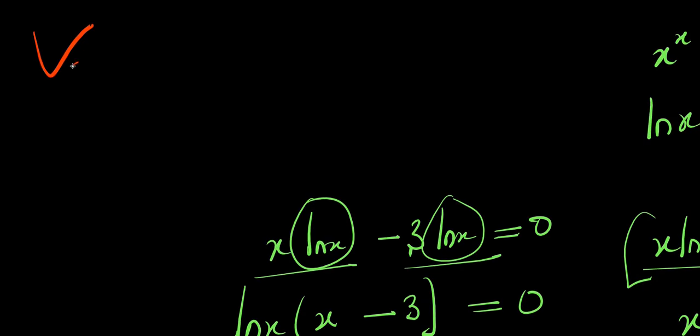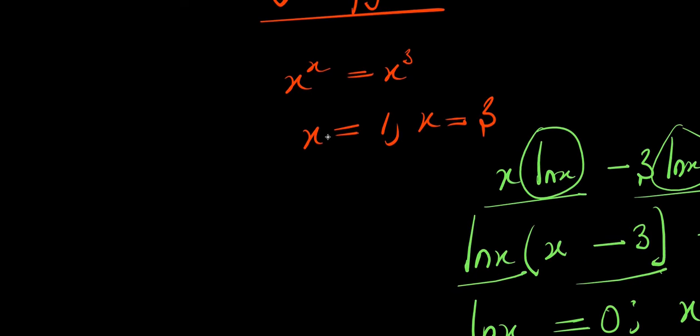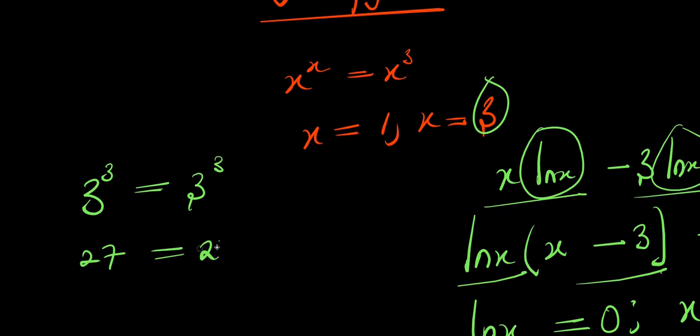We can verify all the solutions. X power x equals x power 3. We have x equals 1 and x equals 3. Now remember, when x equals 3, this one is very simple. You have 3 power 3 equals 3 power 3. 3 power 3 is 27 equals 27.